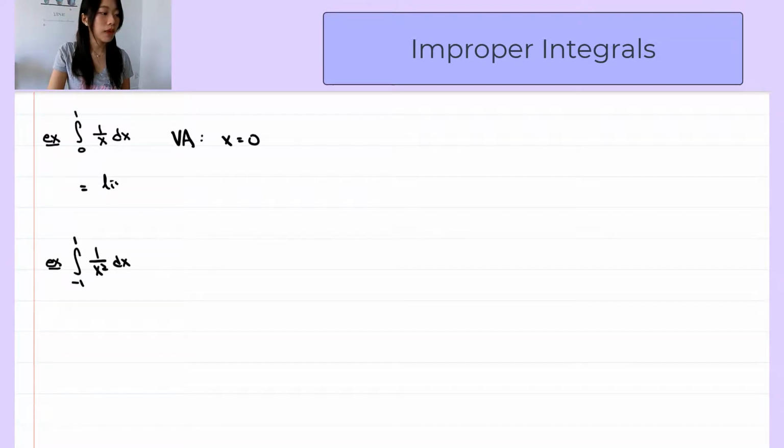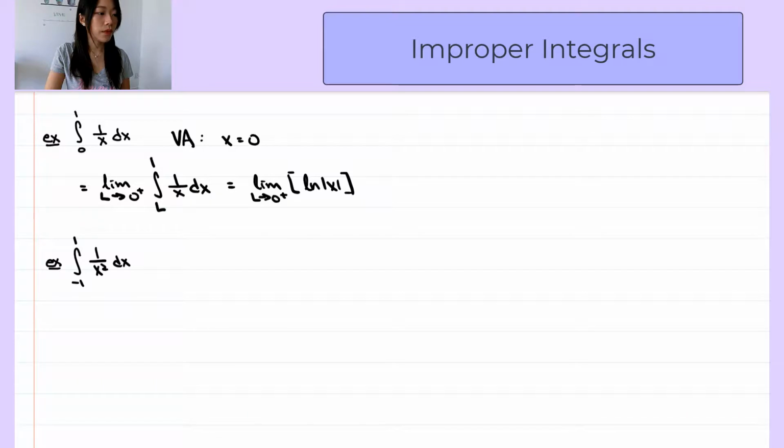We are going to take the limit as the value L approaches 0 from the right of the integral of 1 over x evaluated from L to 1, which equals the limit as L approaches 0 from the right of ln x evaluated from L to 1. That is the limit as L approaches 0 from the right of ln 1, which is 0, minus ln L.